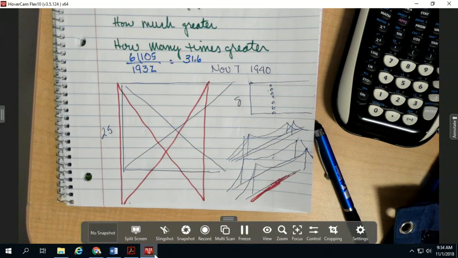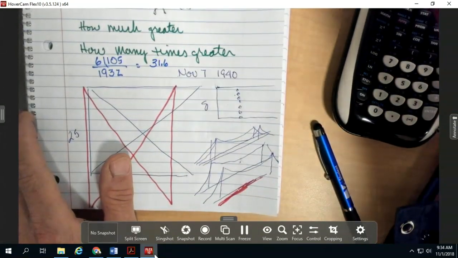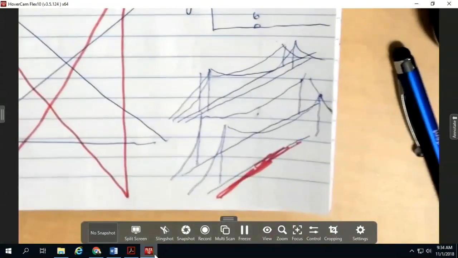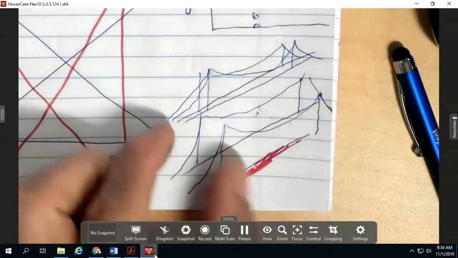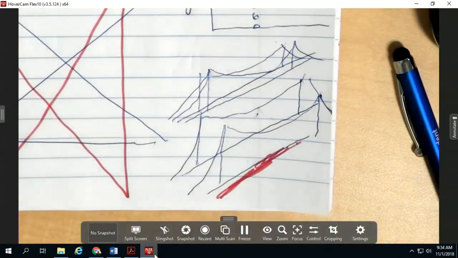Did you see that? But the other thing that was true is that the original bridge was very, very narrow compared to how high or to how long it was. The second bridge was much wider compared to how long it was.